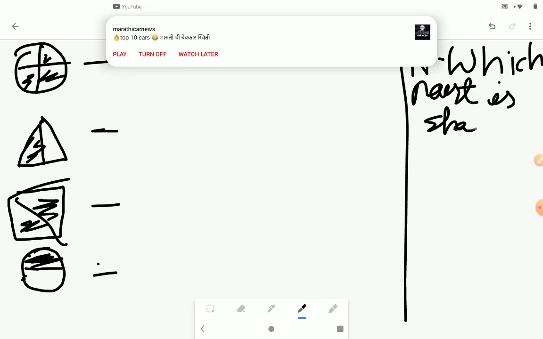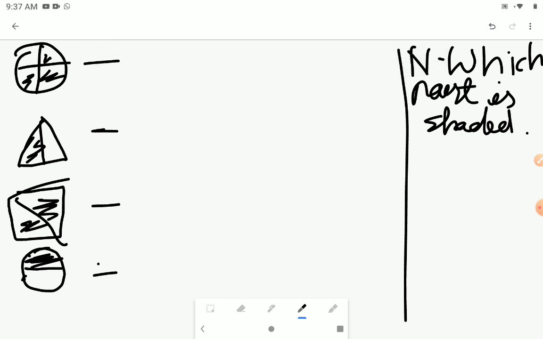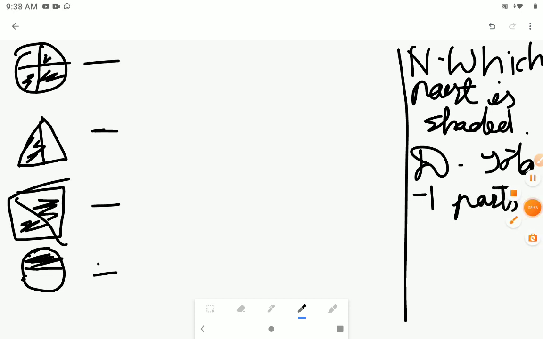That is called a numerator. And denominator means total parts.